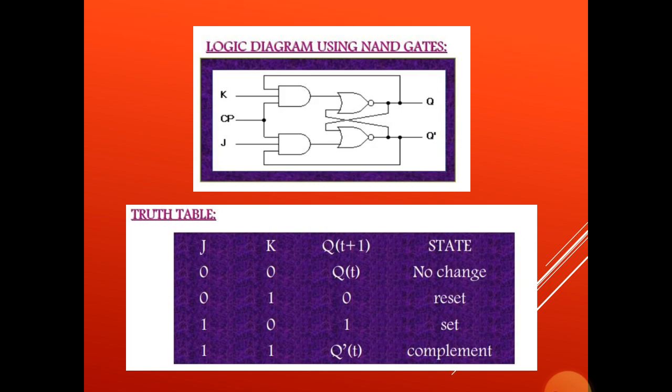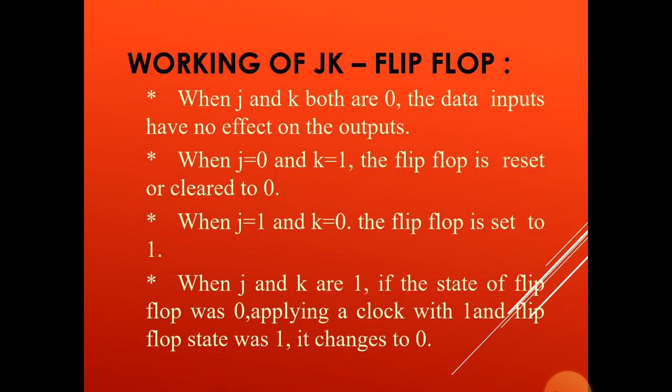J equal to 0, K equal to 1 means reset, so the output is 0. For 1 0 the output is 1, which represents the set state. And in the case of 1 1, it is called the toggle case. So here the output is toggled.